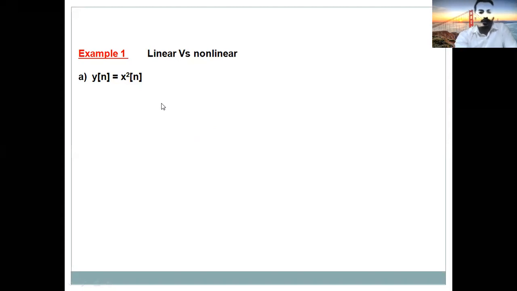This system is a discrete time system with input x of n, input signal, and the system represented by capital H. We'll come to that in chapter 3, why it's H. So this is a discrete time system. After processing the input signal, it generates a new output y of n.